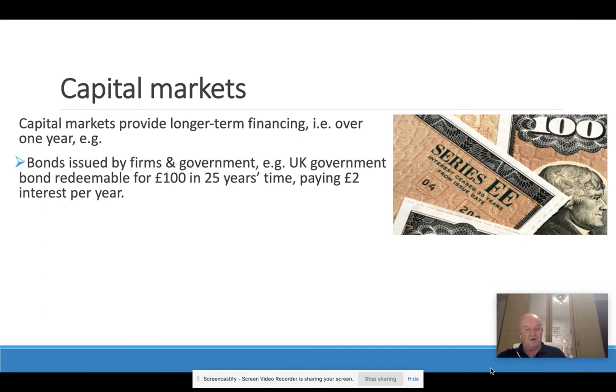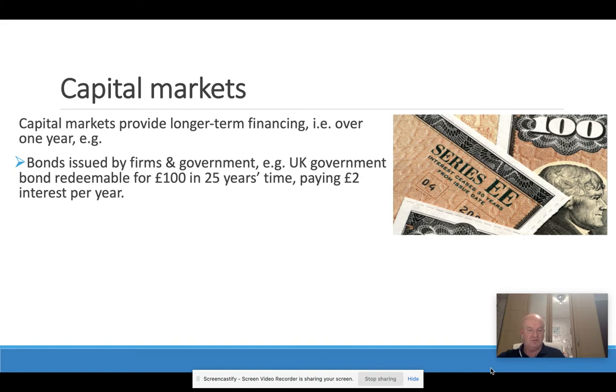Now, one of the main ways in which firms and governments will raise finance, particularly capital within capital markets, is to issue bonds. Both firms and governments will issue bonds that are considered to be very secure. They are long-term loans, essentially.